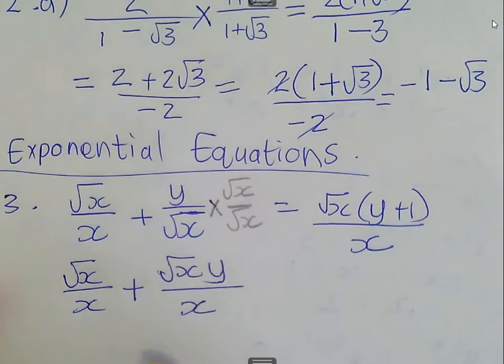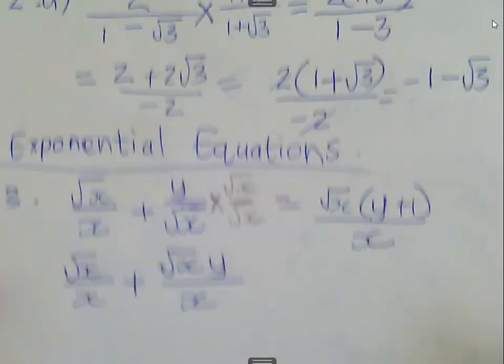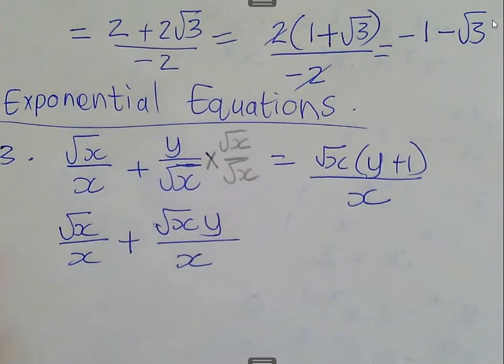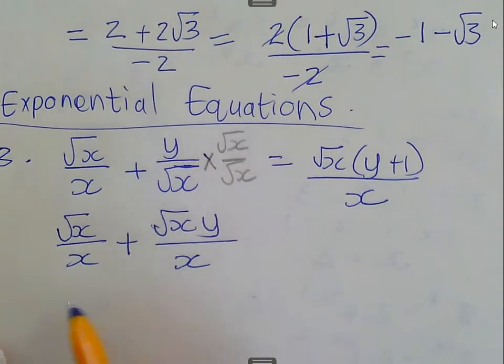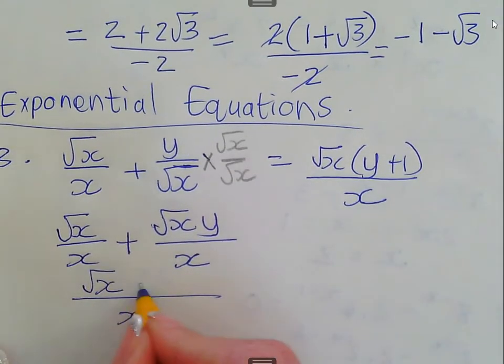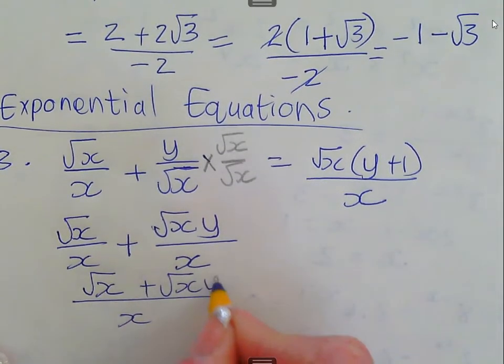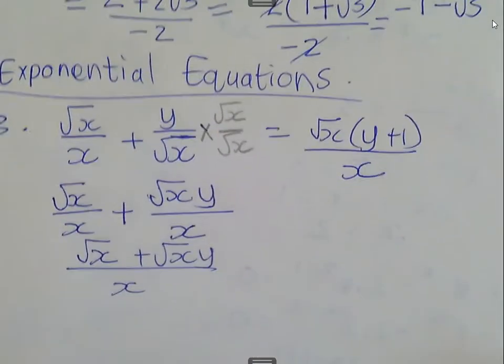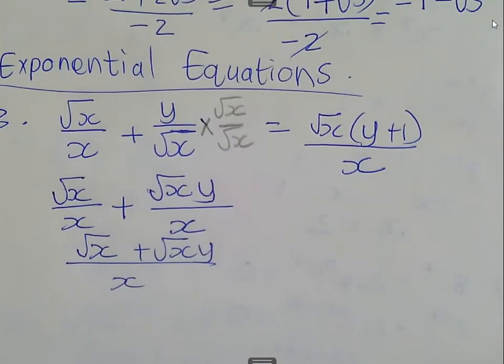Okay, and now when I look at the answer that they want, they've got a common denominator. Now in this case, I don't even have to change it. There is a common denominator. So I put both of them over x, and then I've got root x plus root x y. But then I see at the answer they also took out a root x in common.